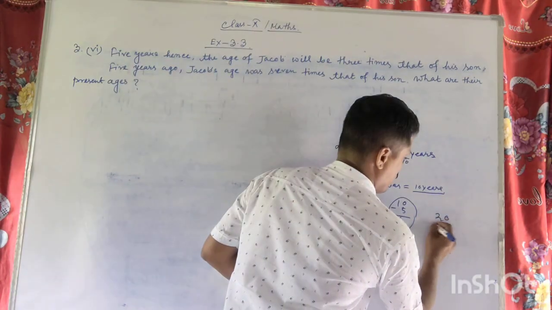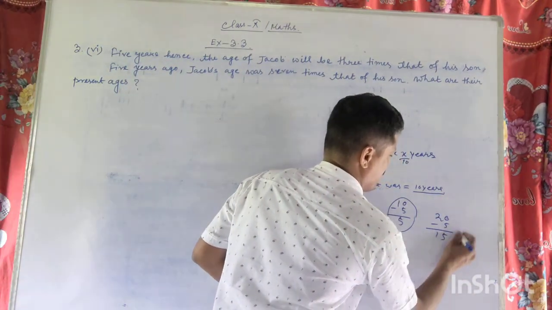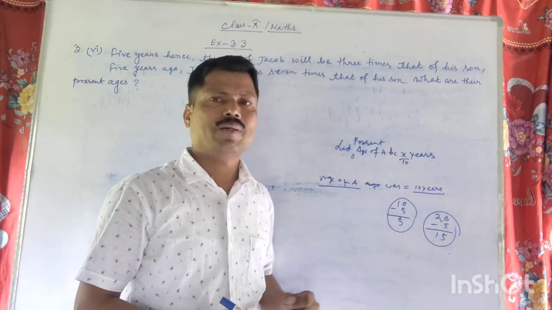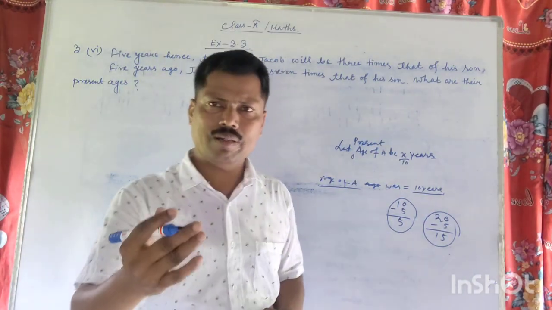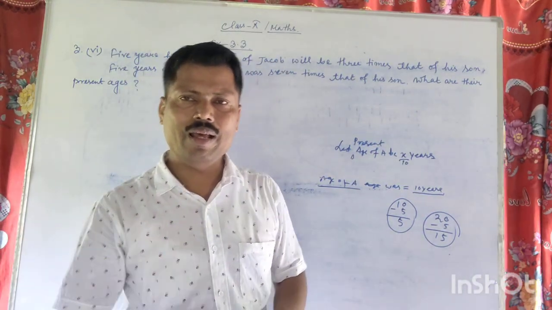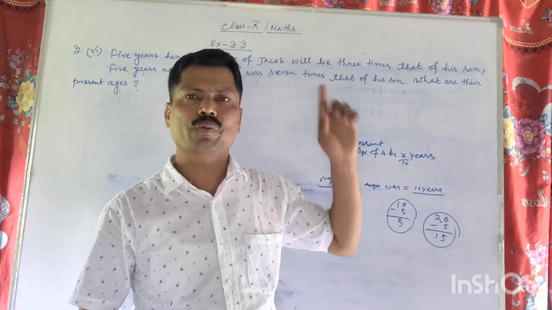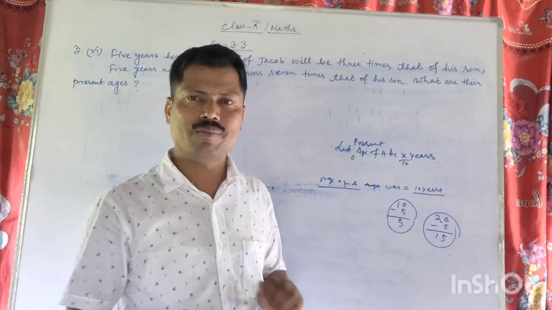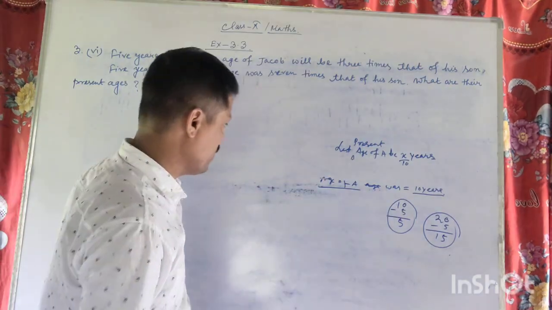Then 20 minus 5, that means 15 years. Like this way we have to do. That means if they say after, we have to add, and for ago or before we have to subtract from the present age. Very simple. So let us see now.